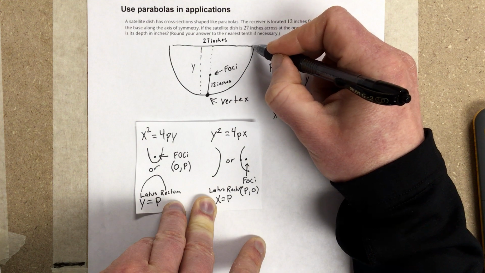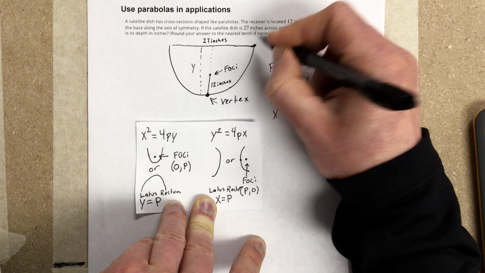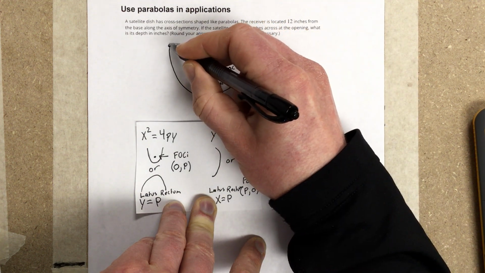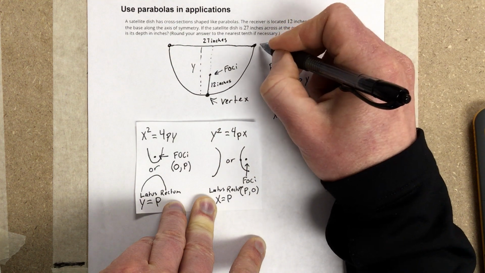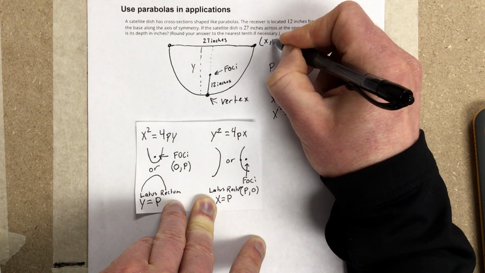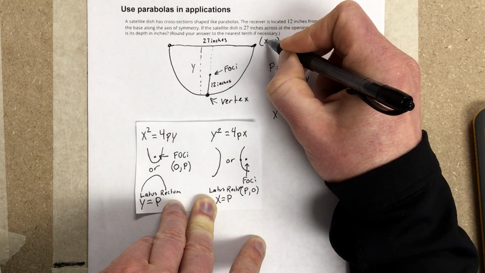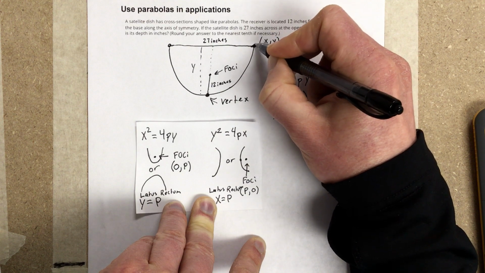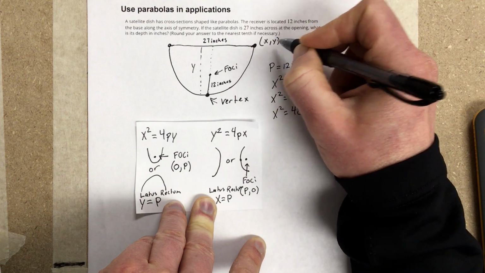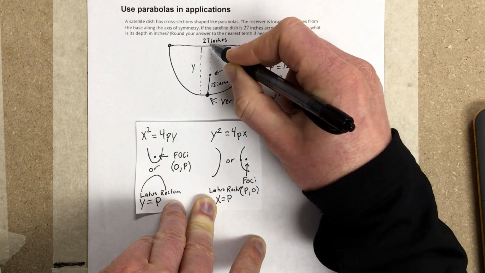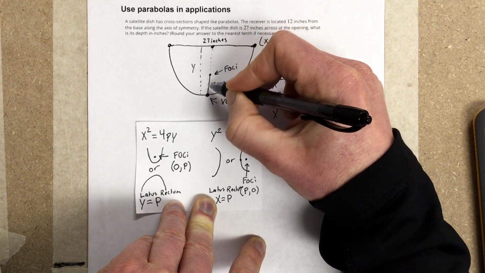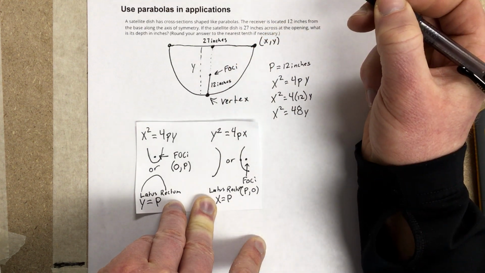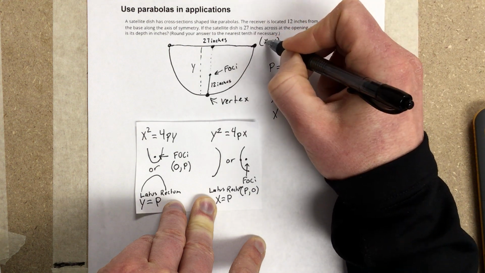We can find the outside edges here. If I find the height of this outside edge, this is going to be an x, y coordinate. If I know the x value at this point, I can find the y value at that point, and that y value would be the same as this y value, which would be the depth of the whole piece. So what is this x value?